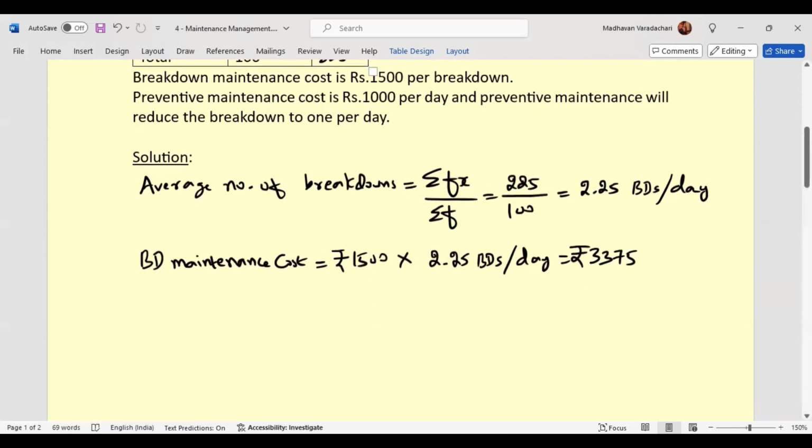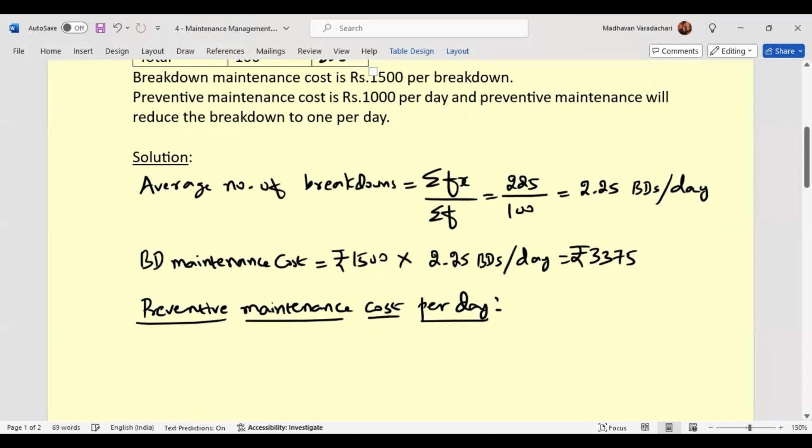Now let us calculate preventive maintenance cost per day. By doing preventive maintenance, it will reduce the breakdowns to 1 per day.